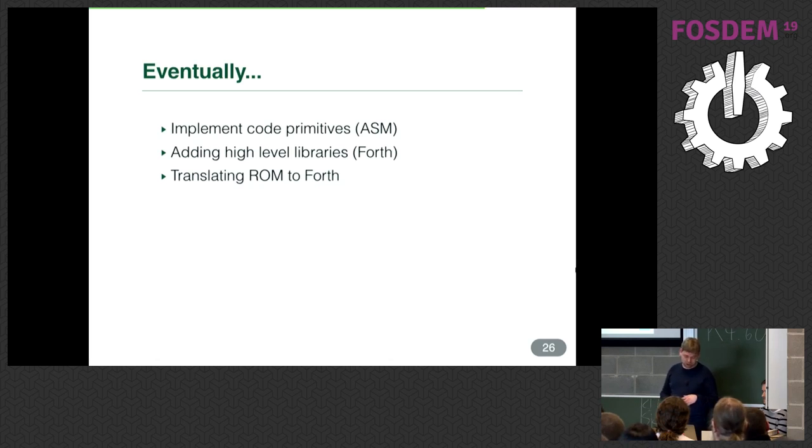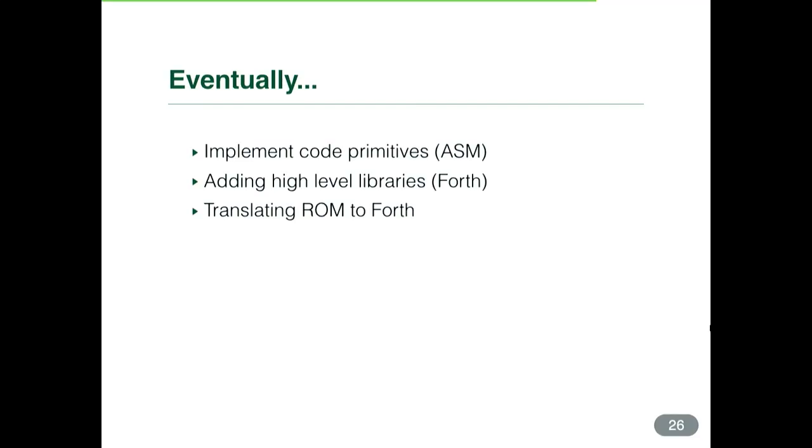So eventually we have all the primitives to have something working. We can add on top of that higher level definitions, basically using existing Forth primitives to create new Forth primitives almost. And slowly but surely we are translating the entire ROM to Forth and not using assembler at all anymore, unless you maybe want to optimize something later.